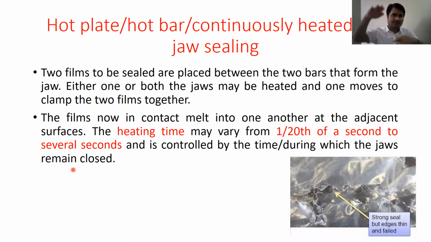If we close the two jaws of the sealer, as soon as that time is complete, the jaw will move away automatically, because we have fixed it, so that we can control it with the help of a regulator.